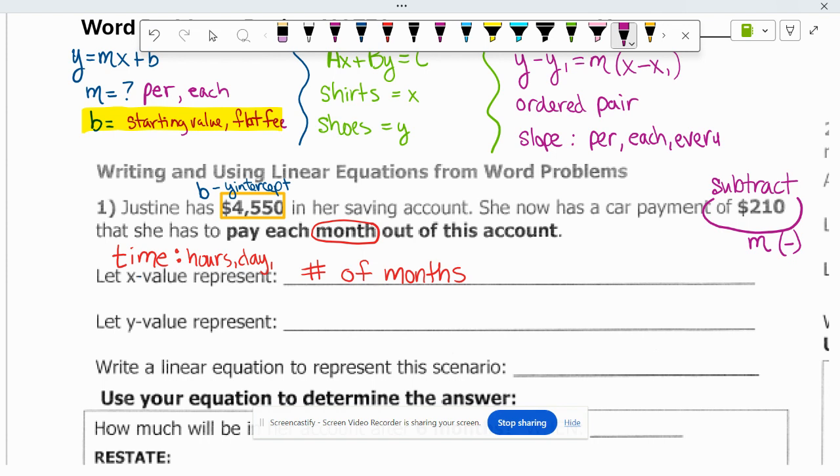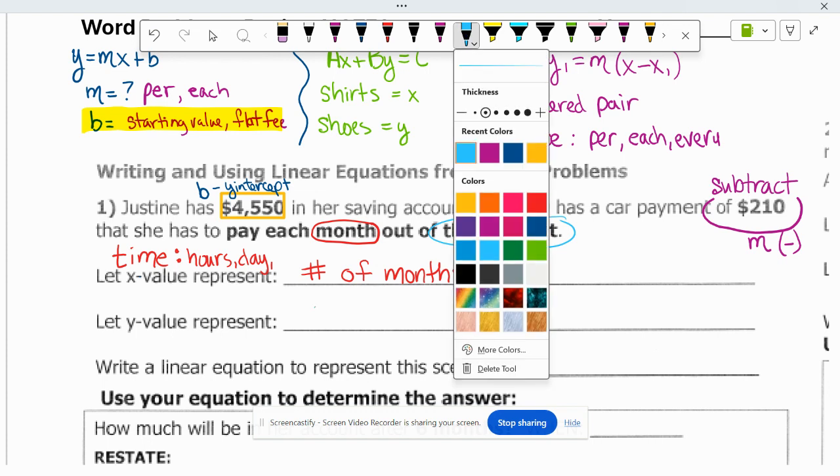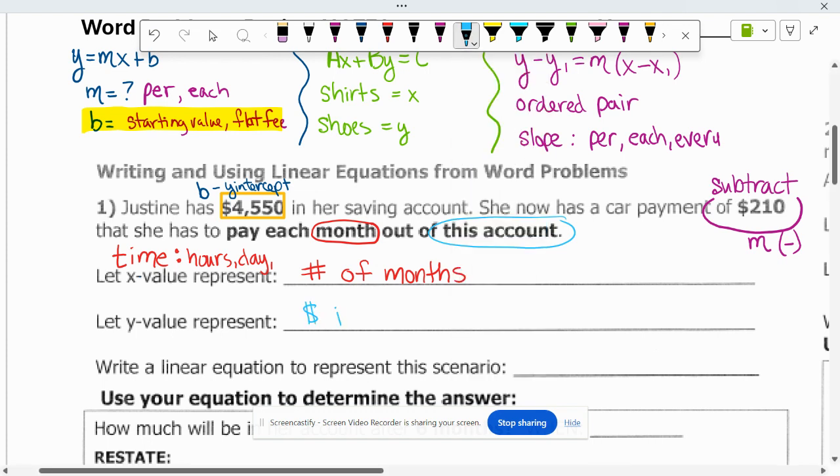So what do you think the y value is going to represent? Probably how much she has left in her. Yeah. So the y value is the money in savings. It's her money in her savings. Okay. So we have m and we have b. Can we write an equation in slope-intercept form? Okay. What is it, Viviana?